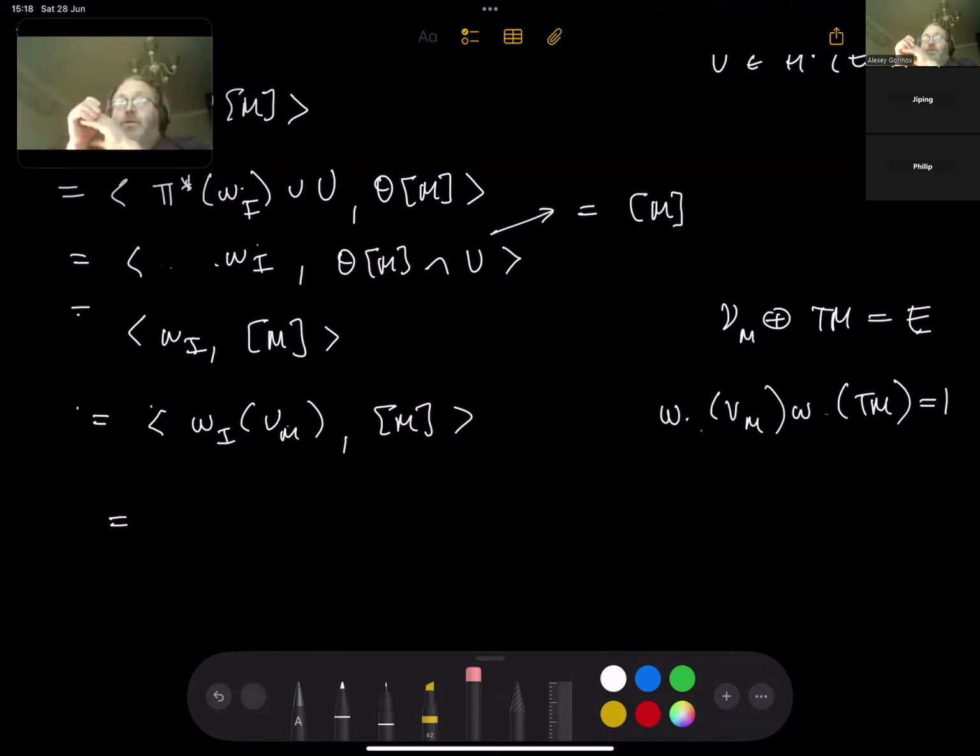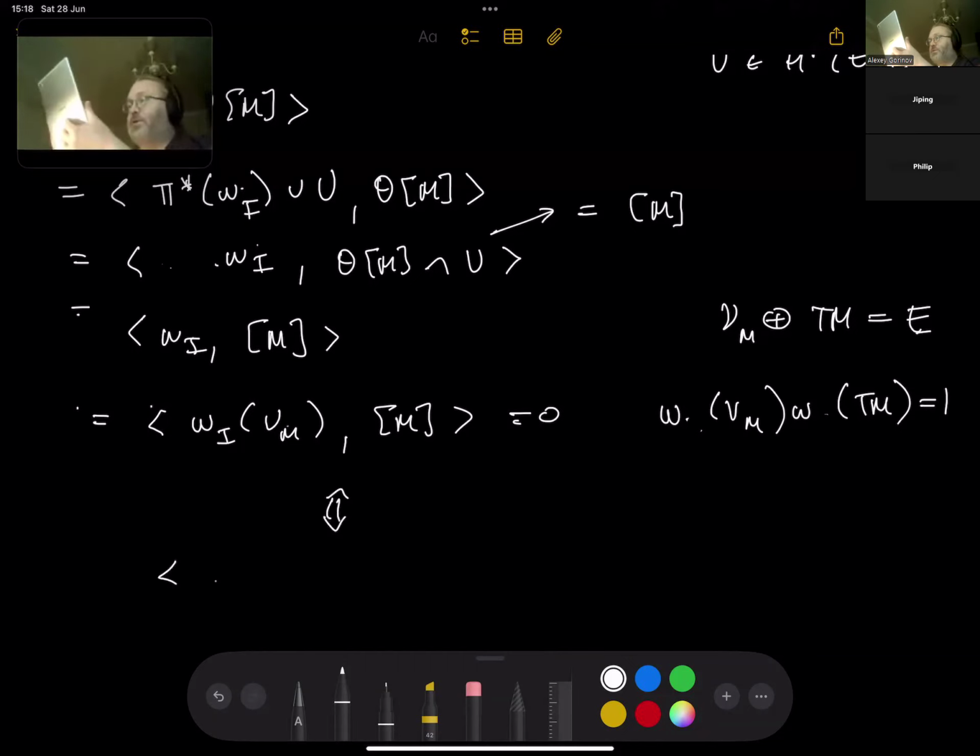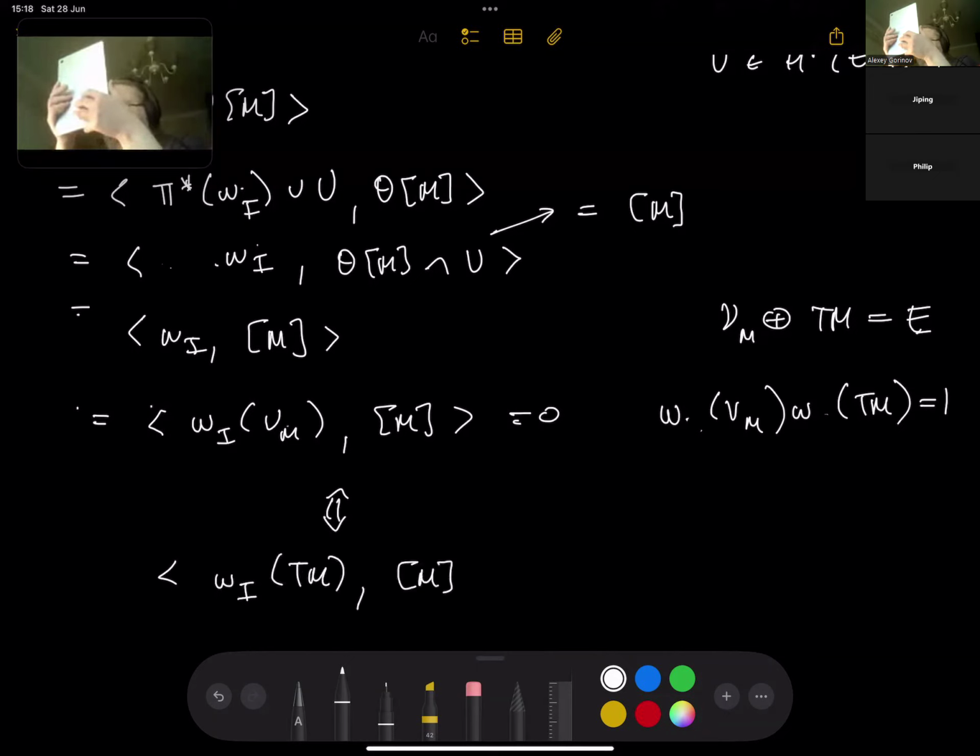So there is a lemma in Weston's notes. Let me find it. I'll find it in a minute.